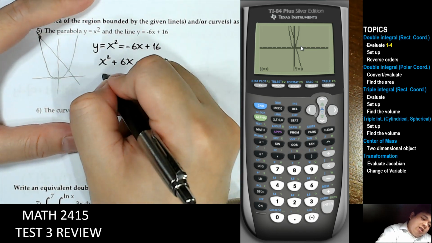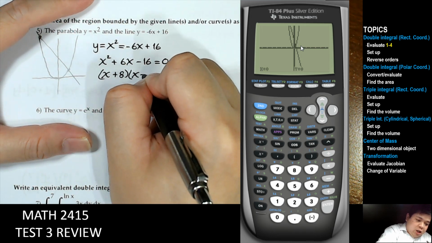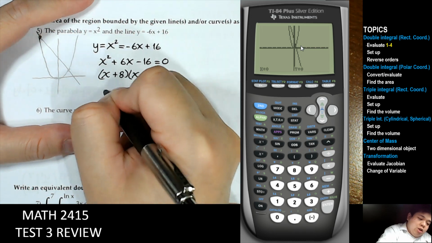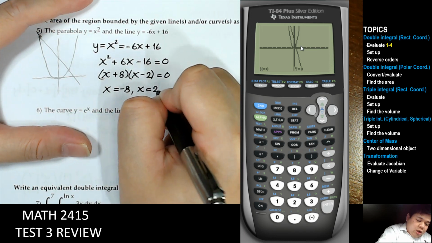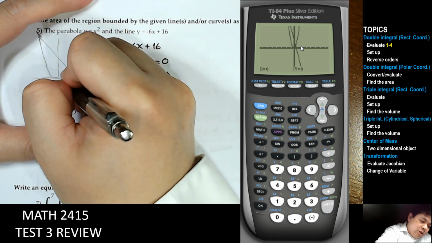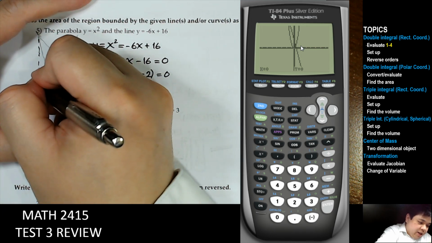And we solve for x easily. That will be x plus 8 and x minus 2. So we have x equal to negative 8 and x equal to 2. So those are the intersections. We have 2 here and then negative 8.